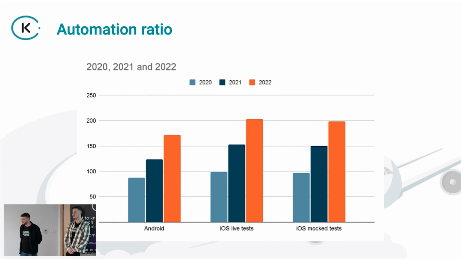I'm not sure if I understood correctly, but this UI test is run before merge to the main branch? The mocked one, yes. Before every merge. Okay. And how long does it take to process those tests? I think it's around 35 to 40 minutes.